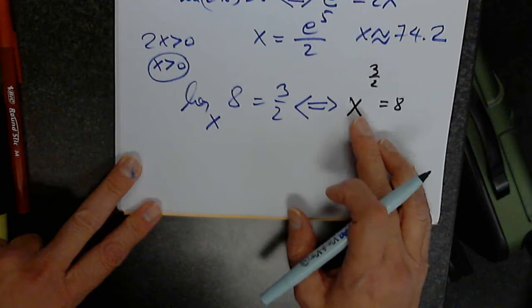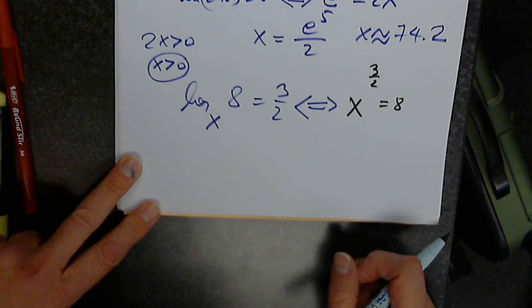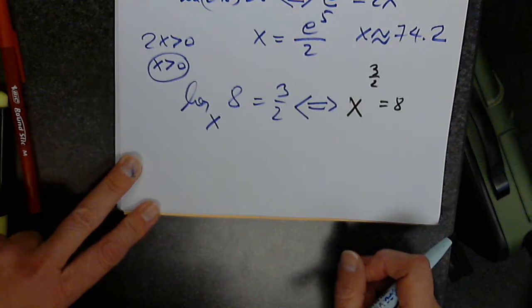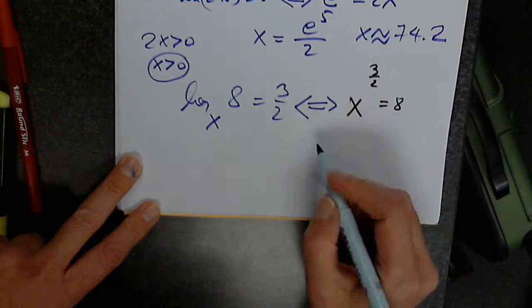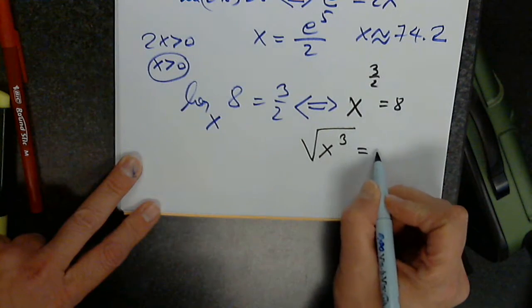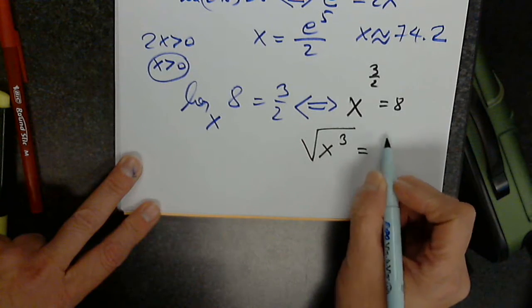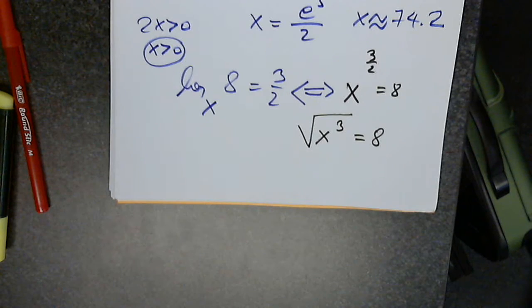So what does 3/2 mean? X to 3/2. Take the third half. So it's the square root, right? The square root of x to the 3rd, which is 8. Good. How do I solve this equation?